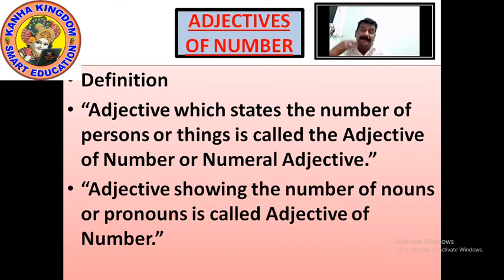Adjective showing the number of nouns or pronouns is called adjective of numbers. In other words, adjectives showing the number of nouns or pronouns are called adjective of numbers. Right? It's 100. This is 50 chairs.